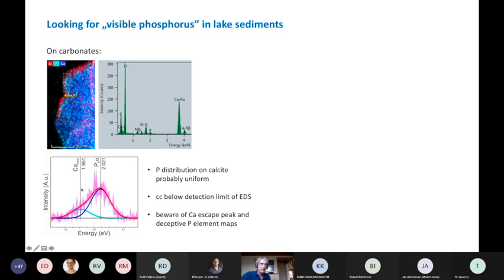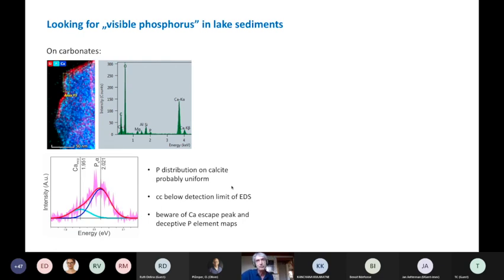So this peak is an artifact coming from the silicon detector and makes the analysis of true phosphorus a little bit more difficult. So we think that our detection limit for phosphorus in the presence of calcium is worse than it would be otherwise.